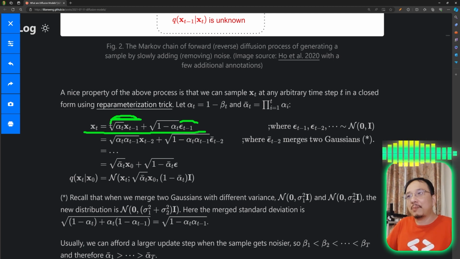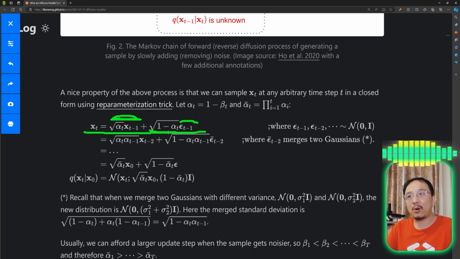So I'm giving a weight here. The image has a weight square root of alpha t. You can imagine this number is a big one, like 0.9. And the weight of the noise is square root of 1 minus alpha t.